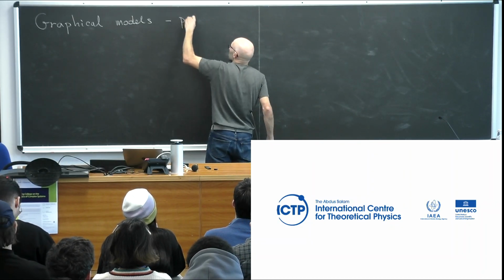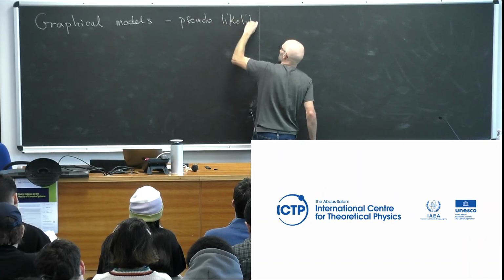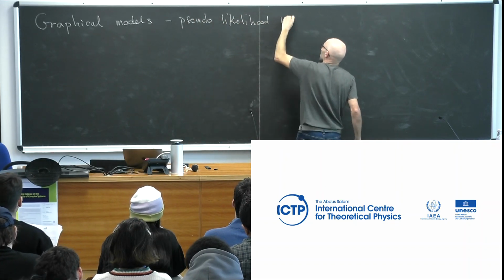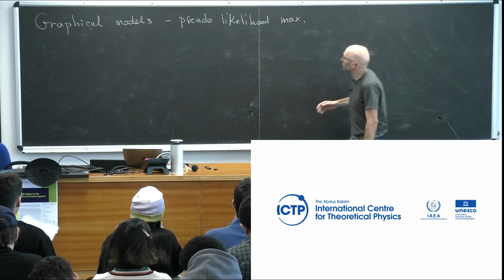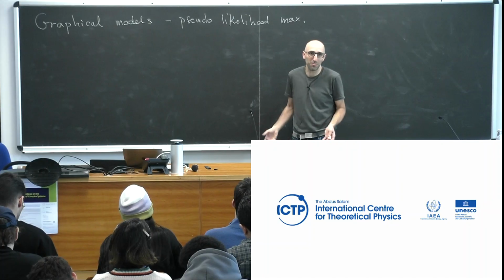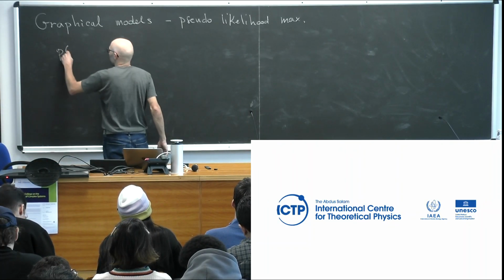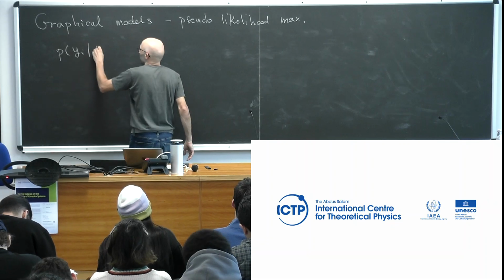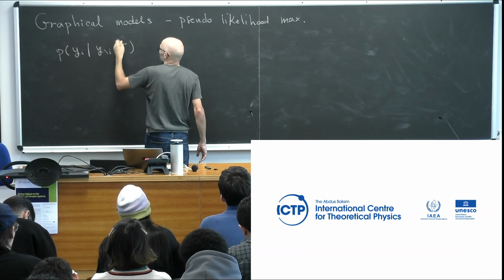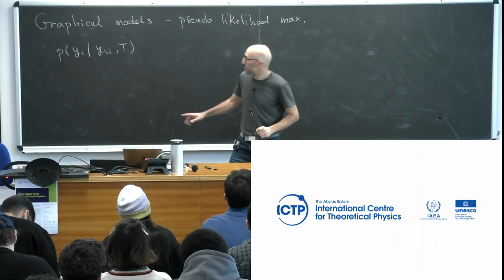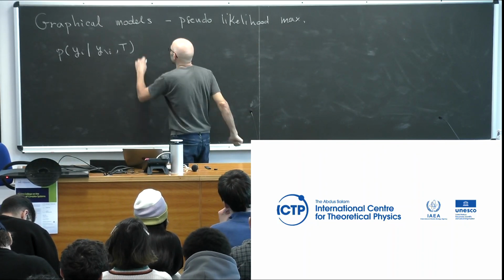So instead, the idea of pseudo-likelihood maximization is that we want to know the conditional probability, so let's work with it. As I said before, what I want is the probability of yi given the other variables and t.